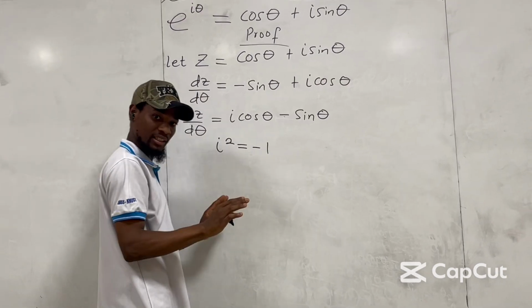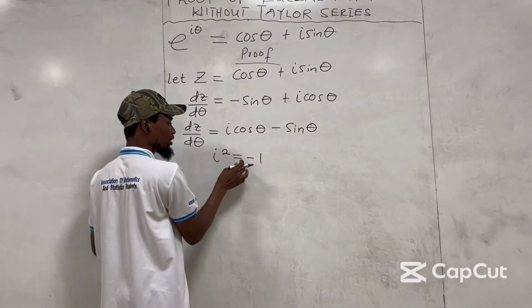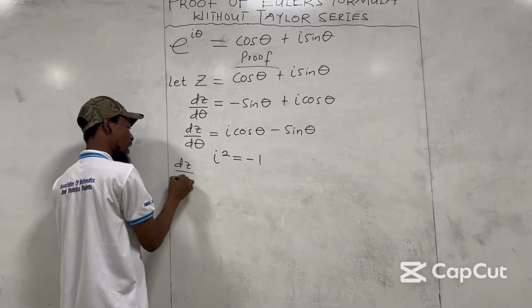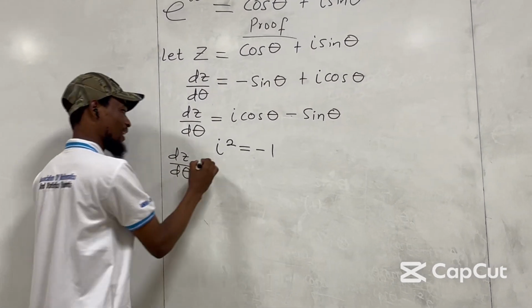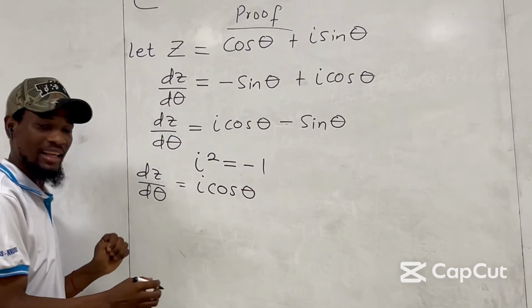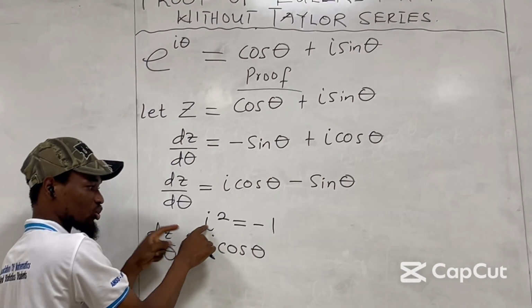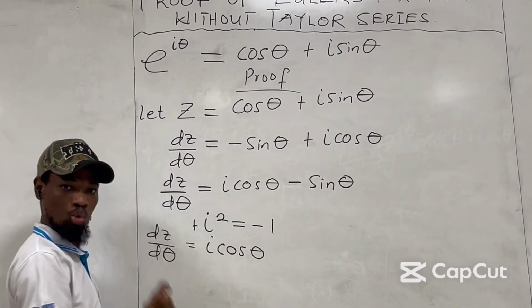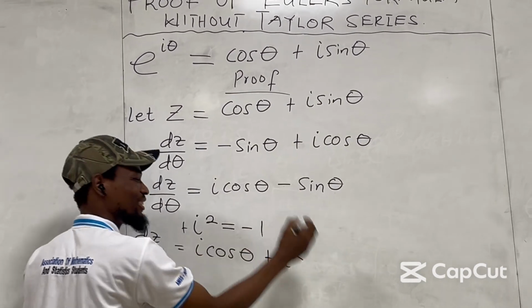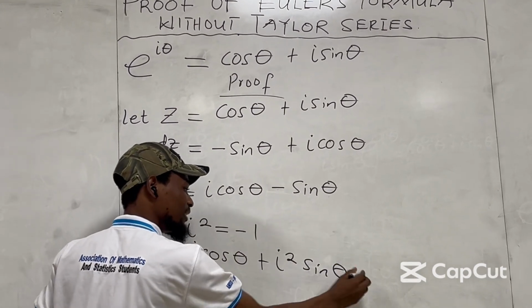It's just the same thing. Substituting this, I will have dz over dθ equals i cos θ, then the minus here is the same as positive i squared, so I have plus i squared sin θ.